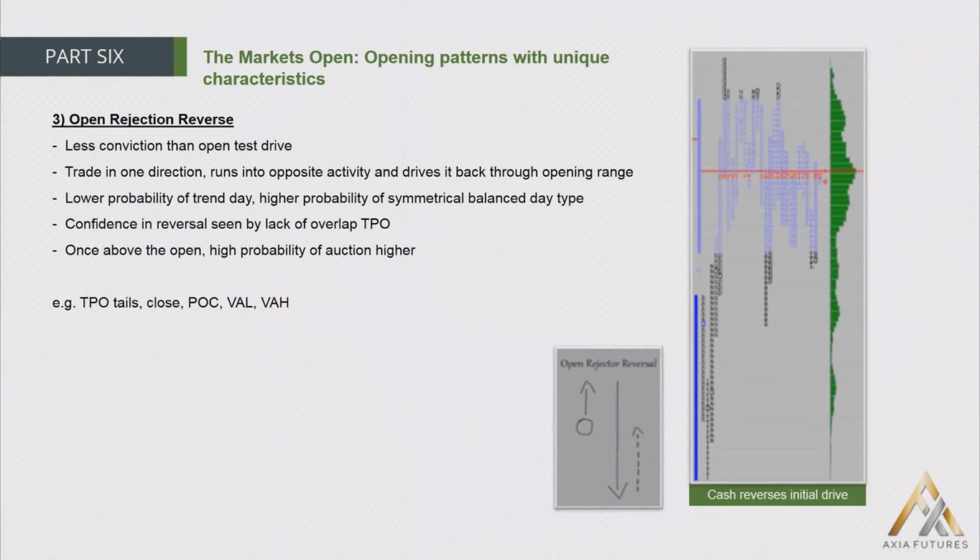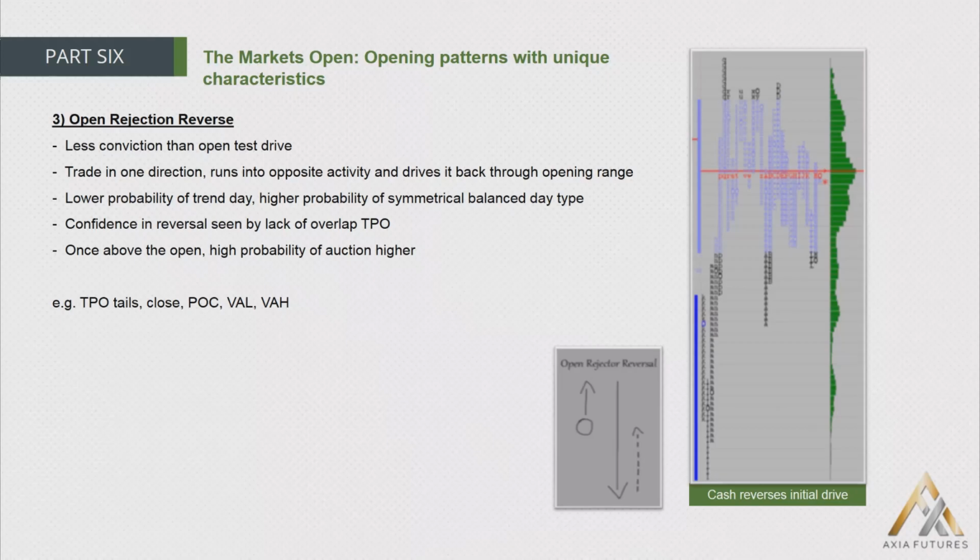The third, and slightly less convicted, type of open is the open rejection reversal. Again, it's a slightly less convicted open than the open drive and the open test drive. We tend to trade in one direction before running into opposite side activity.